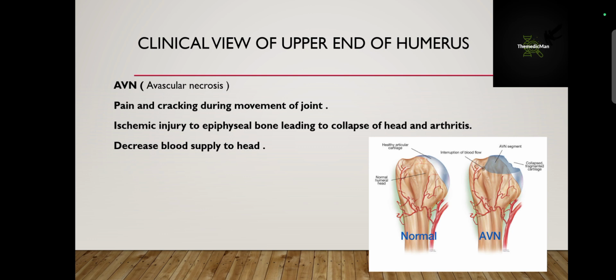In the first picture there is a normal head receiving a healthy supply of vessels, while the second is a case of avascular necrosis, where there is a collapse of the head of the humerus and decreased blood supply, and due to this there is pain and cracking during movement of the joint. So this was about avascular necrosis.